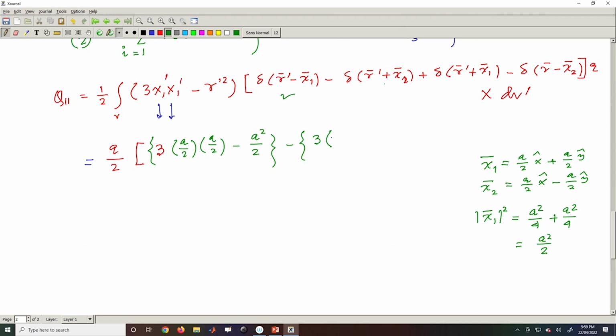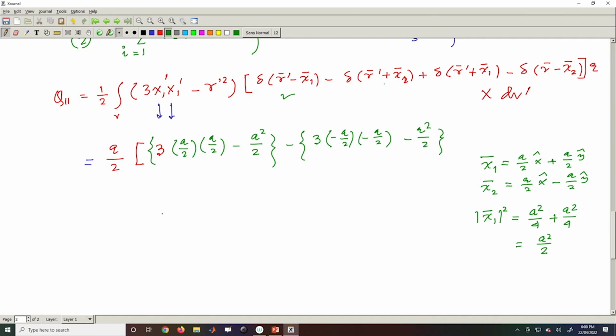So it should be minus a by 2 and minus a by 2 and then minus a by 2, and then I put r square, that is a square divided by 2. That is the second.